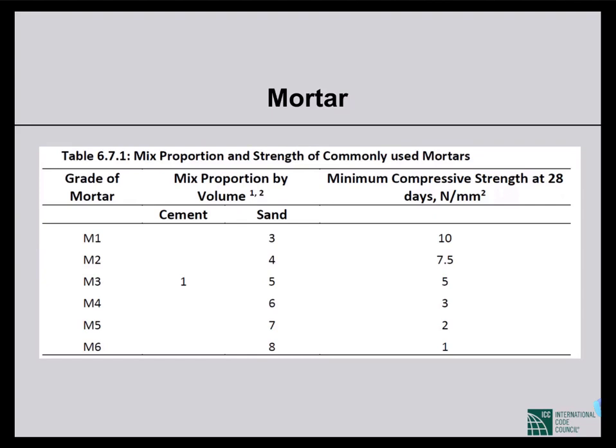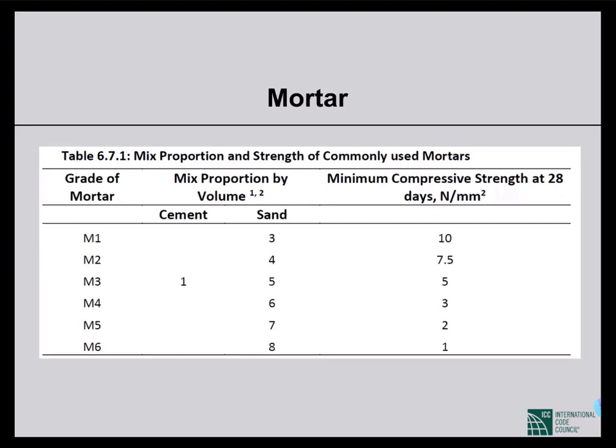I think you all know about this, and that's why we have to be very careful about mortar strength. Now, depending on the cement to sand ratio, mortars are classified in different grades. So there are 6 standard grades.